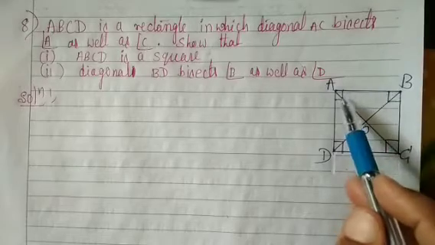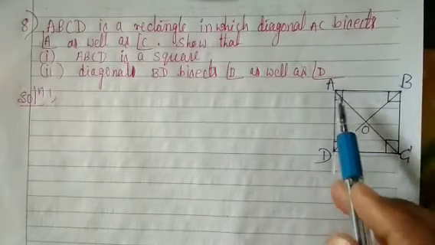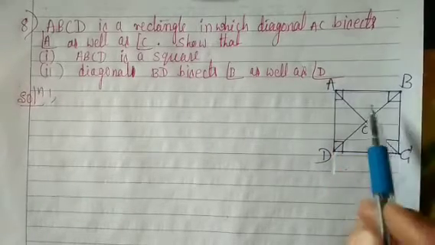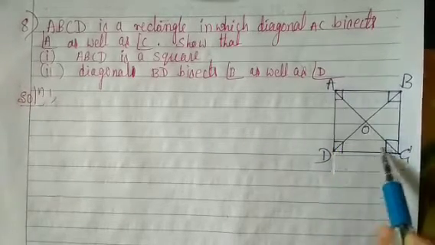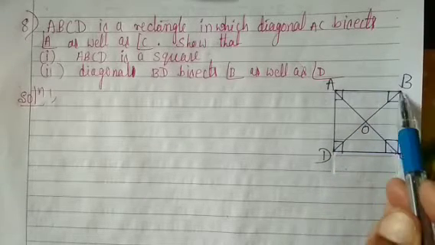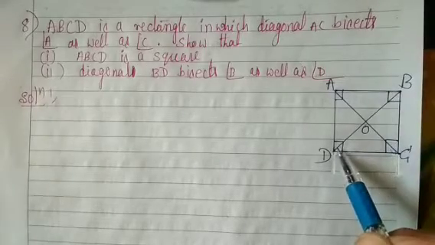ABCD is a rectangle in which diagonal AC bisects A as well as C. Show that first, ABCD is a square, second, diagonal BD bisects B as well as D.